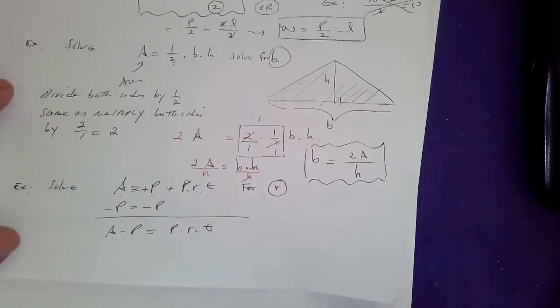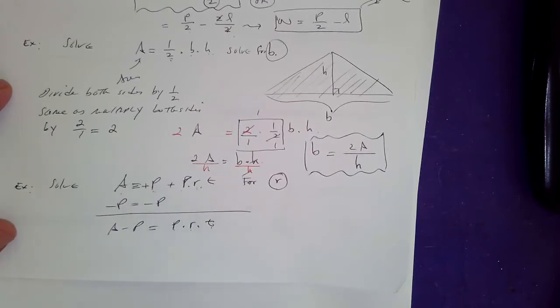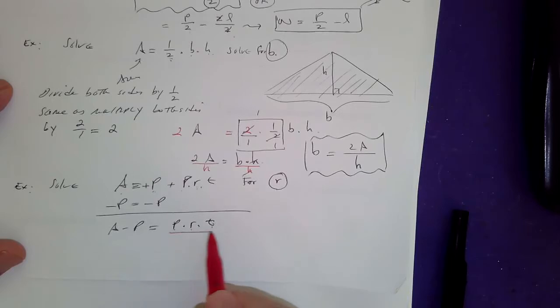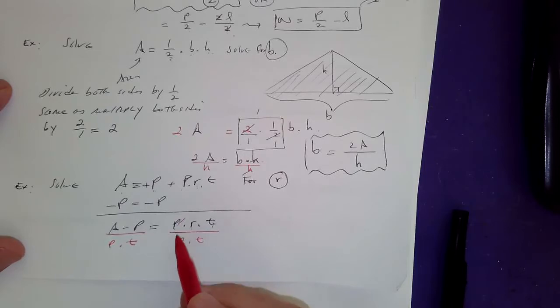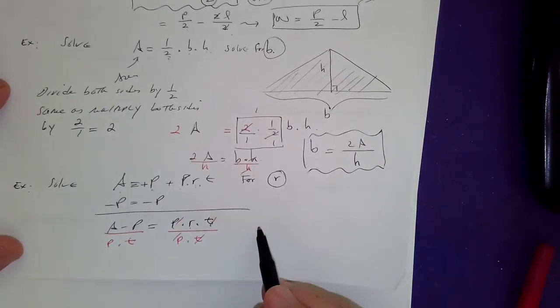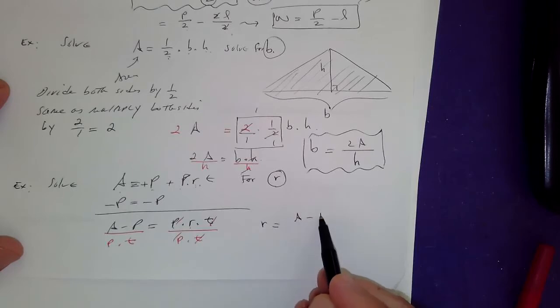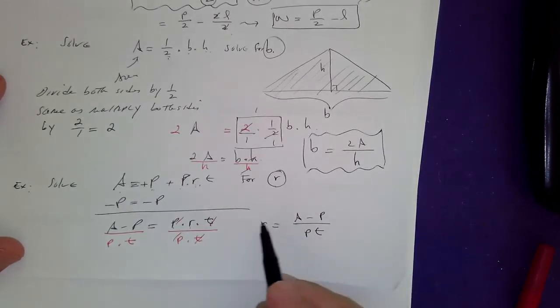Keep in mind, I'm trying to solve for R. But between P and R and T, I see dots. That means multiplication. Opposite of multiplication is division. So I'm going to divide both sides by P times T. So the P's cancel, the T's cancel on the right side. So R is equal to A minus P over PT.